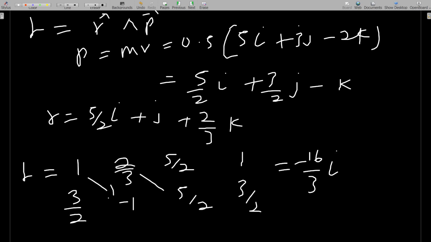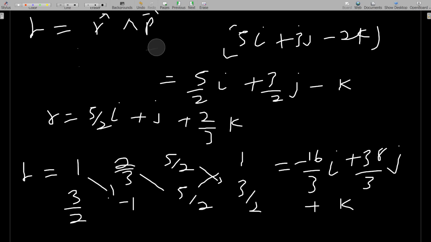Then this one, this times this minus this times that, will give you 38 over 3 j. Then the last one, this times this minus this times this, you get plus 1k.